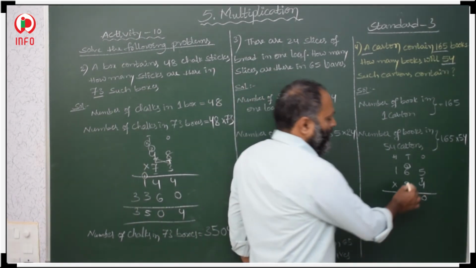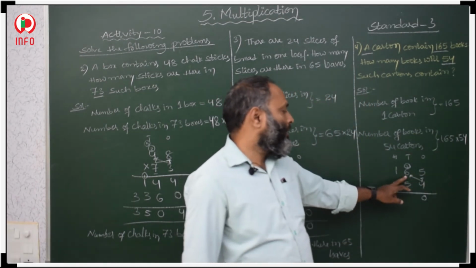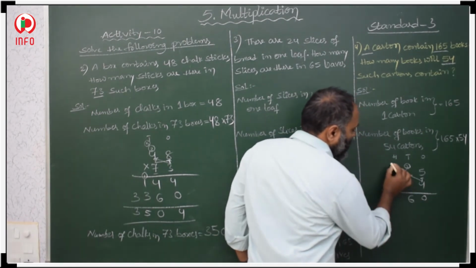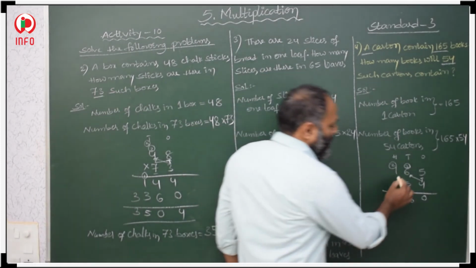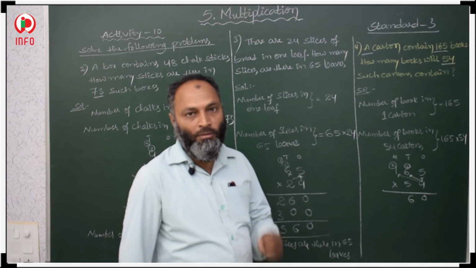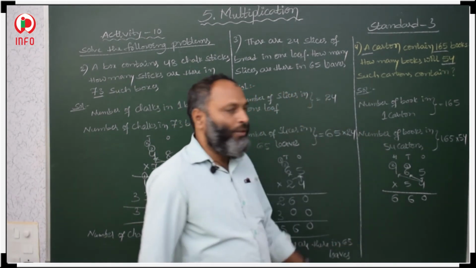After that 4 with 6, 4 6s are 24, 25, 26, 6 is in the tens place, 2 in the hundreds place. Then after that 4 1s are 4, 4 plus 2 is 6. With 4 it is over.